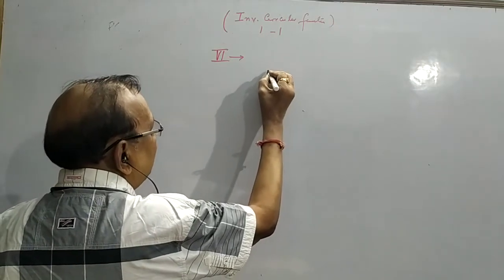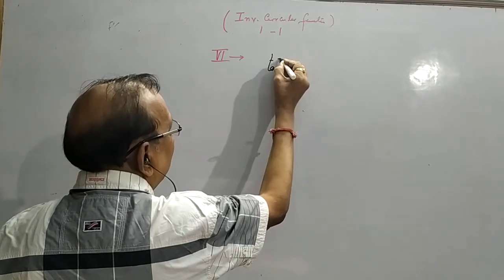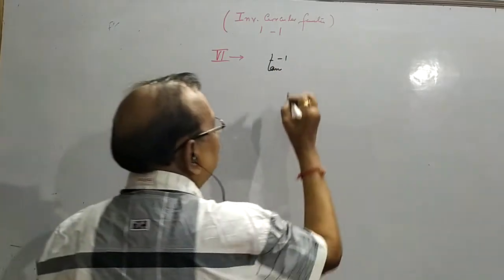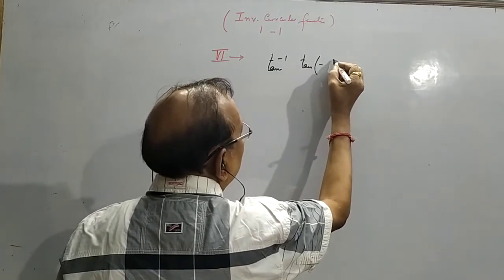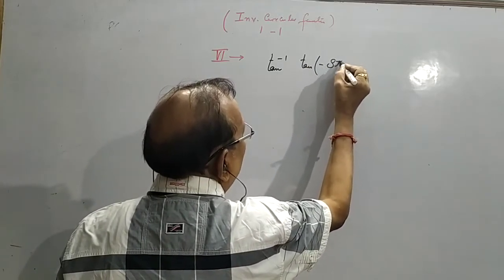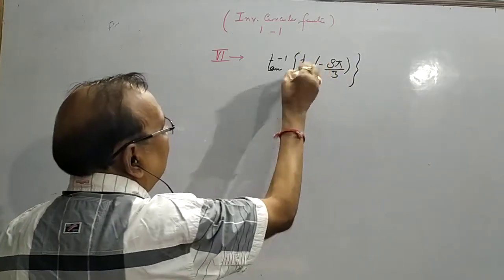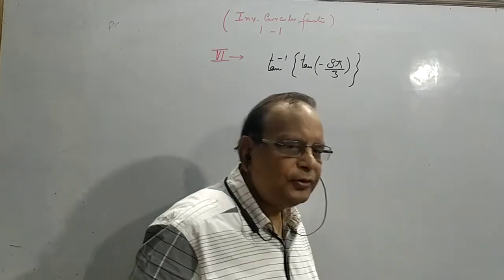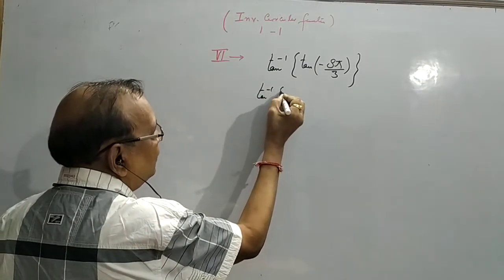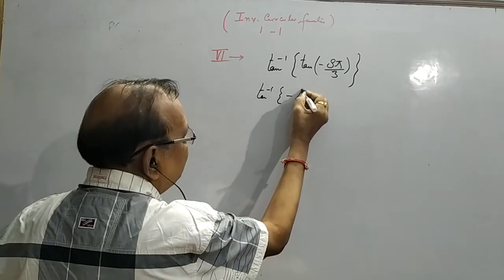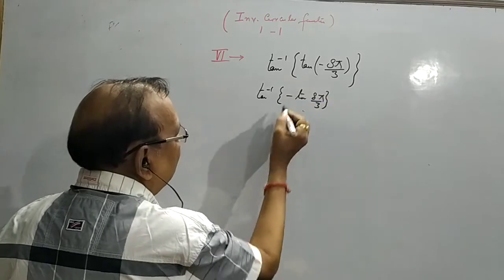We shall take examples. For example, we may consider tan inverse tan minus 8 pi by 3. How will we solve this? First of all, write tan inverse minus tan 8 pi by 3.